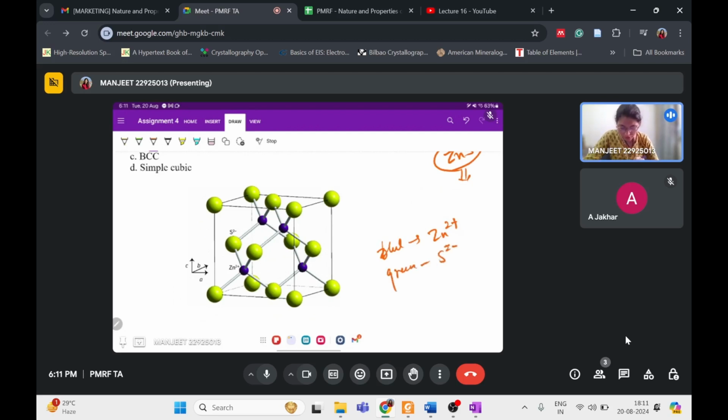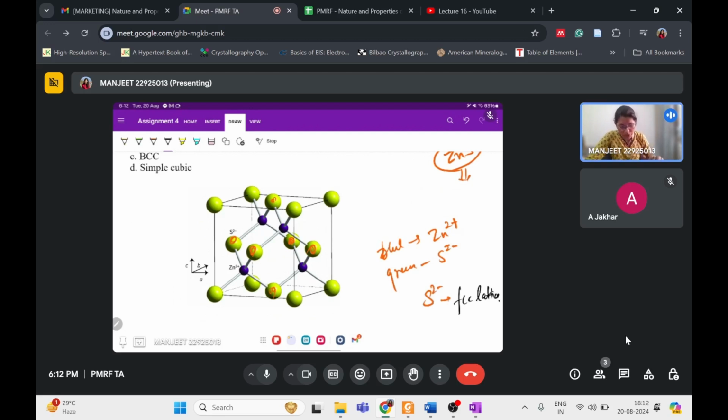From here you can see that the sulfide ions are occupying the FCC lattice: one at the center of each face, front and behind as well.